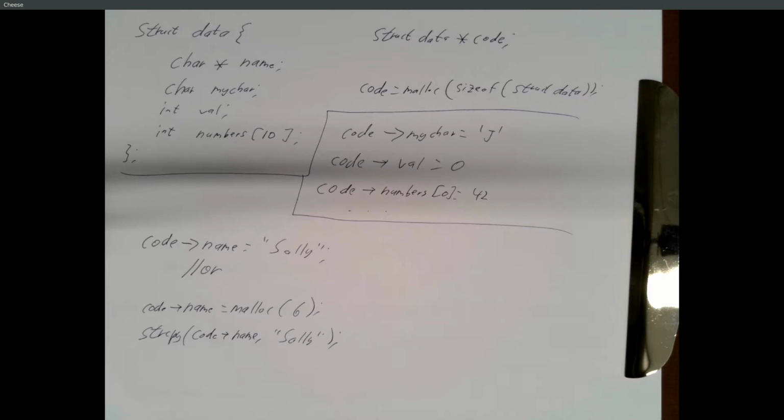Because string length will tell you the number of characters, not counting the null terminator. Add 1 for the null terminator. So different ways to do it, but same effect. All right, not a whole lot in there that seems to trouble people.